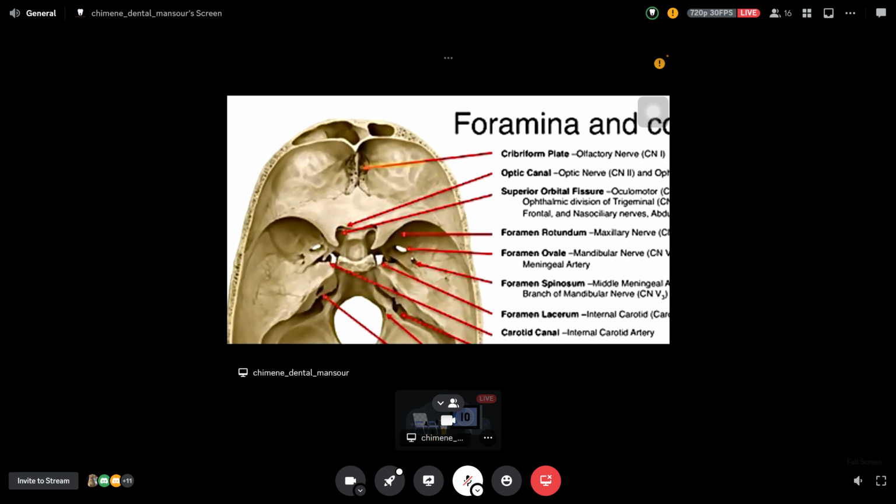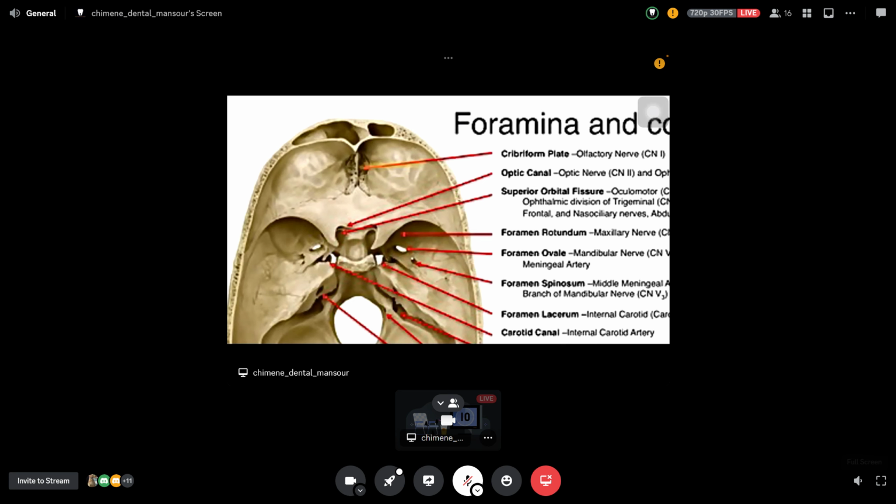As we have said before, the ethmoid is a pneumatic bone, right? So basically it has air cells in here, mostly located in the labyrinth.